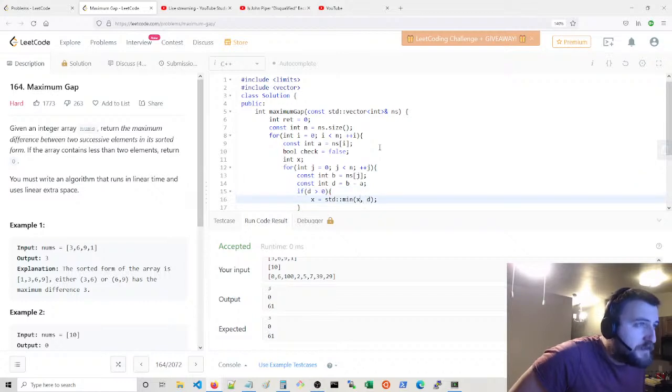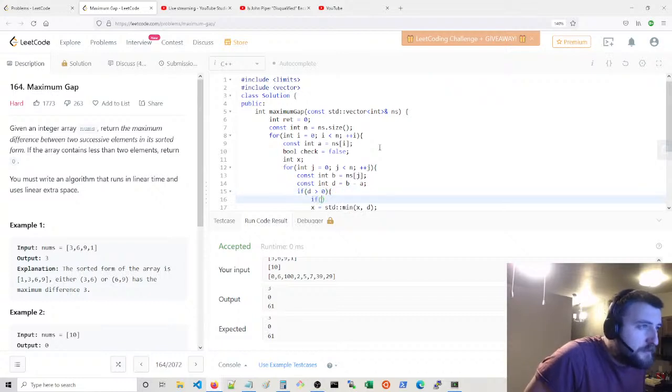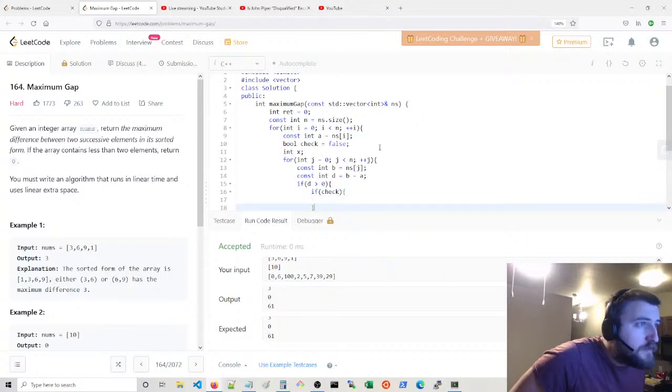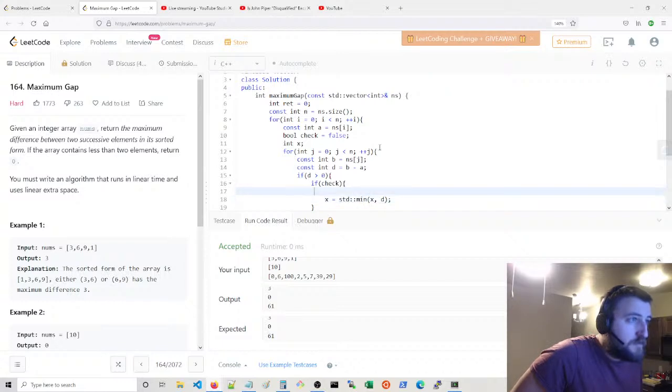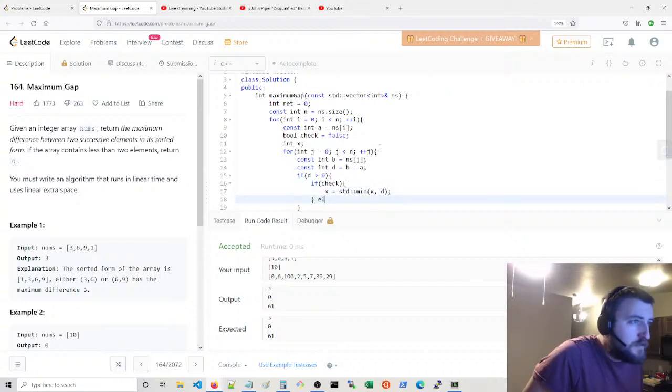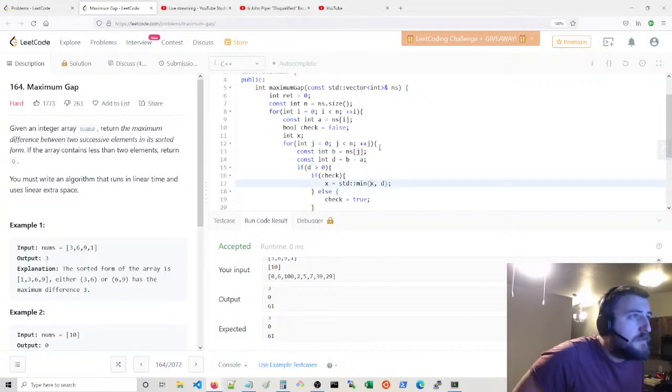So if d is greater than 0 and not check, well, yeah, we can do that. Yeah, let's do it this way. If check, otherwise check equals false or true.